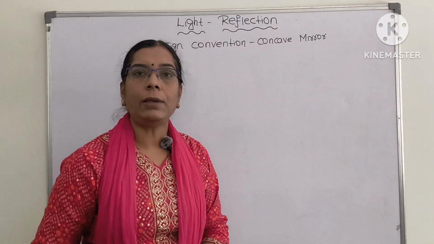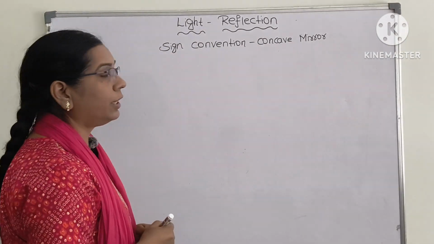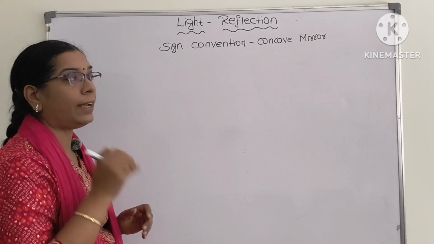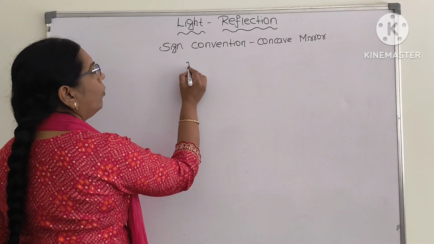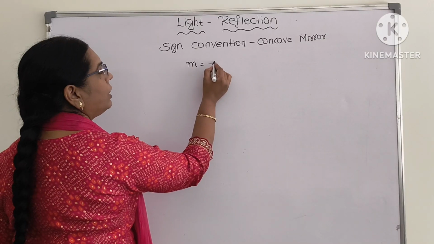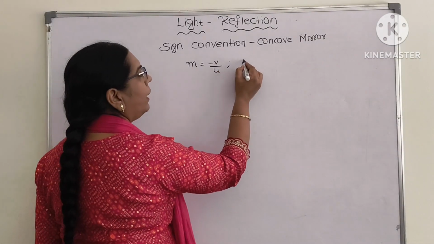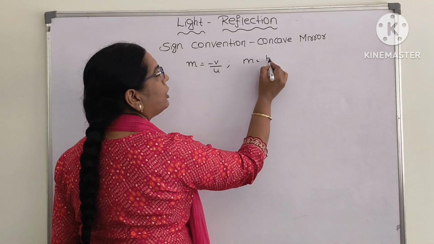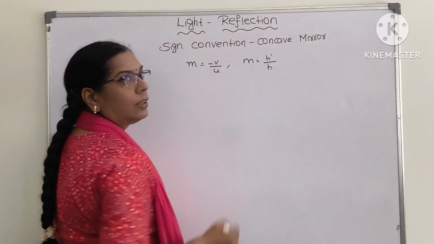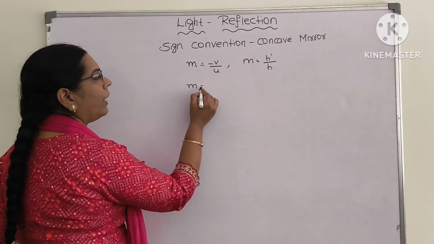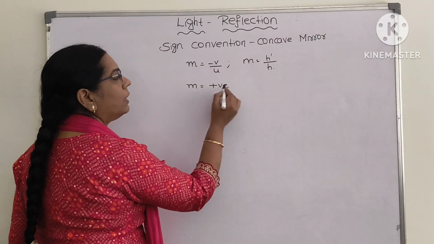Let me tell you a little bit more about magnification and how we can derive information from the sign of the magnification and the values. Now, what is magnification? Magnification formula, you know, children, m is minus v by u and m is also h prime by h. On solving, if you get the magnification value as positive, what does this tell?